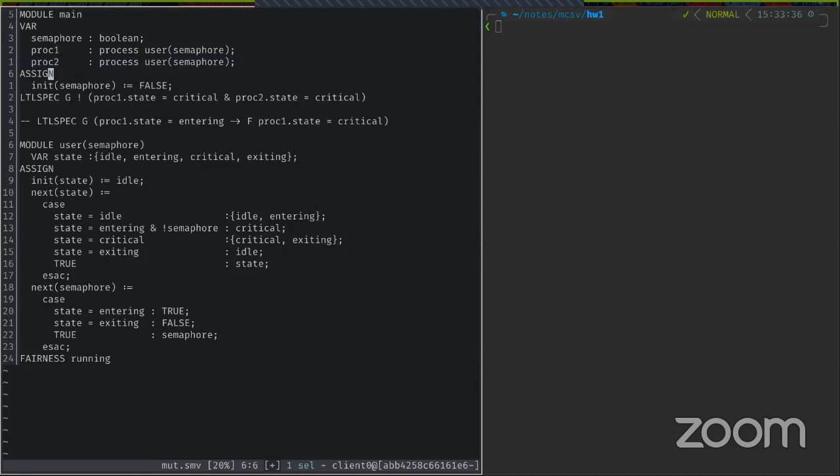No, asynchronous cannot have two simultaneous steps. Each process takes a step. At most one of these processes will take a step at each point, or both of them might not take a step also. I don't think it does.